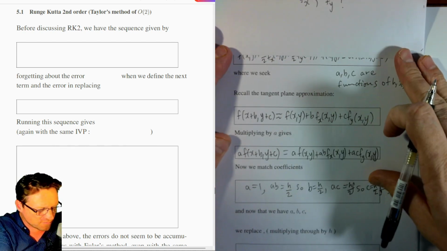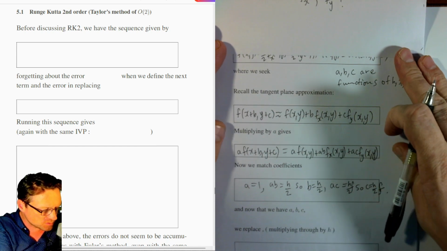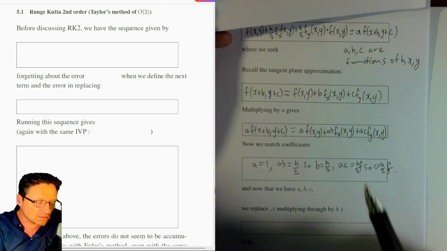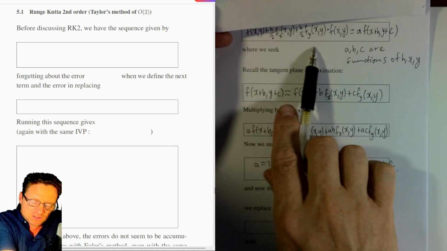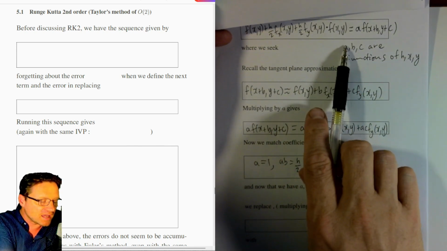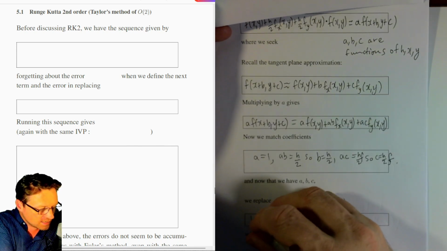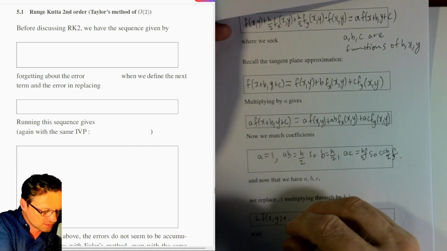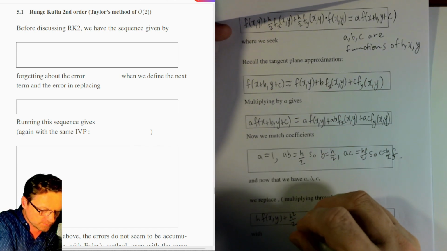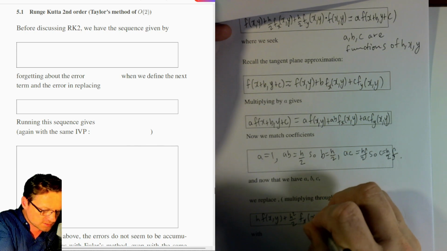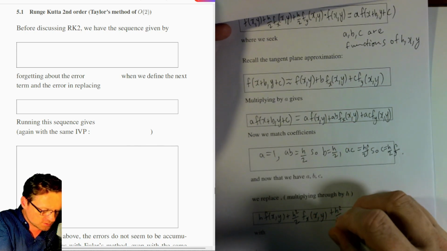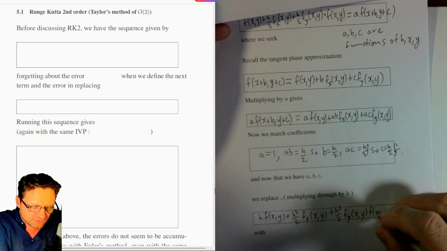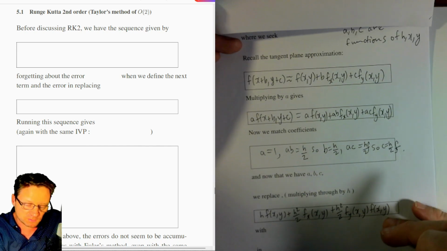Now that we have a, b and c, we can replace by multiplying throughout by h. We are looking at this line and multiplying that by h. So we have h f(x, y) plus h²/2 f_x(x, y) plus h²/2 f_y(x, y) times f(x, y).